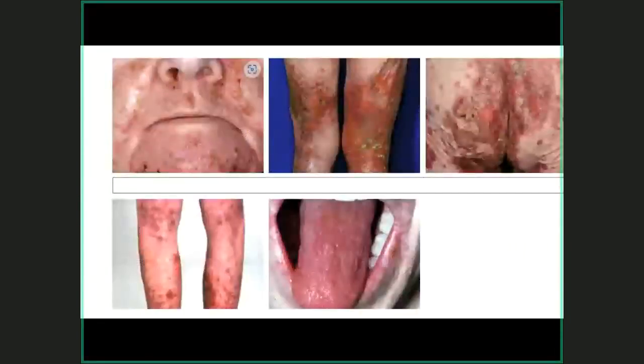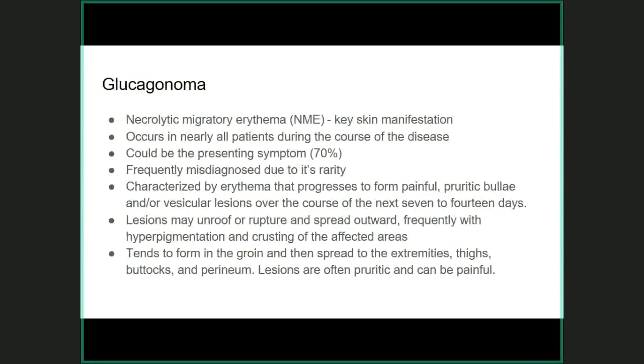Now we go to a more dramatic presentation. I'll give you just a second to look at this before I go to the diagnosis. Yep. So this is necrolytic migratory erythema, which is a key skin manifestation of glucagonoma, which is excessive secretion of glucagon, a pancreatic alpha cell tumor, and occurs in nearly all patients during the course of the disease.